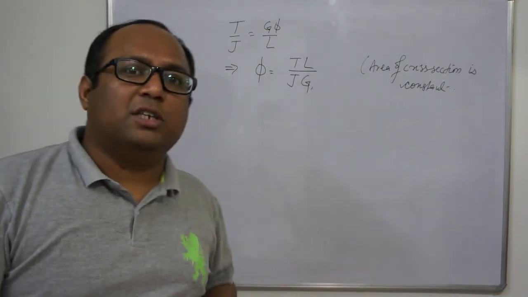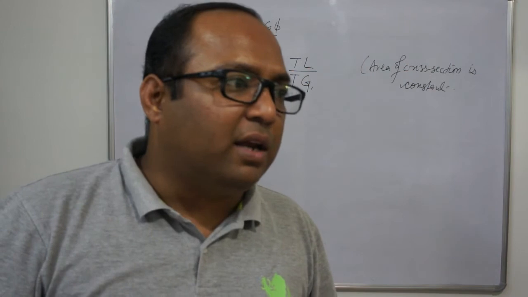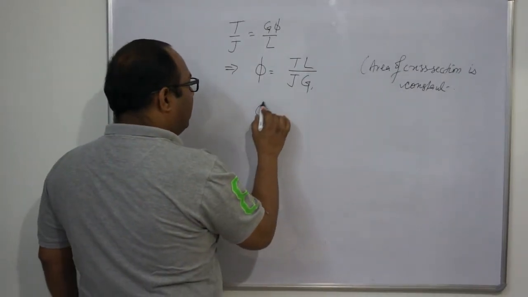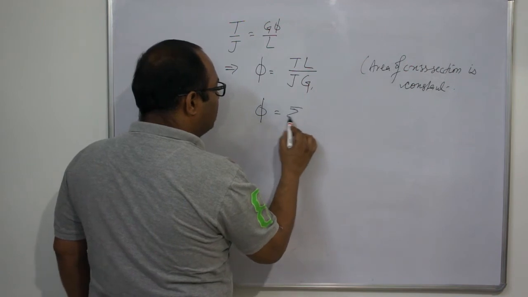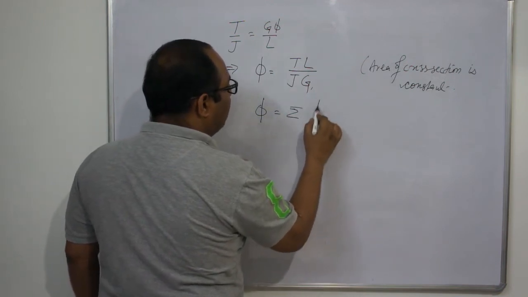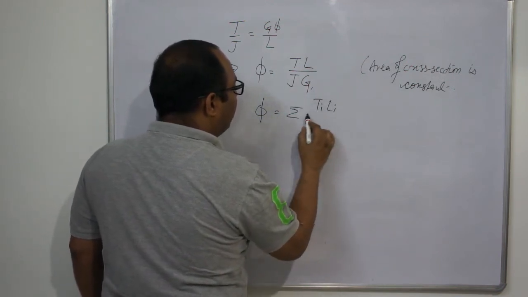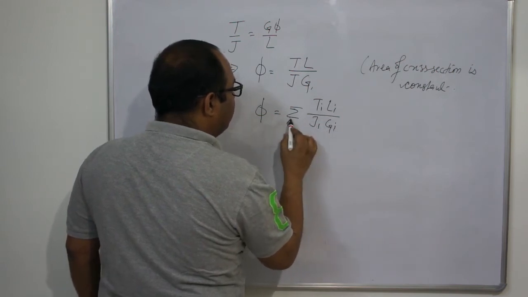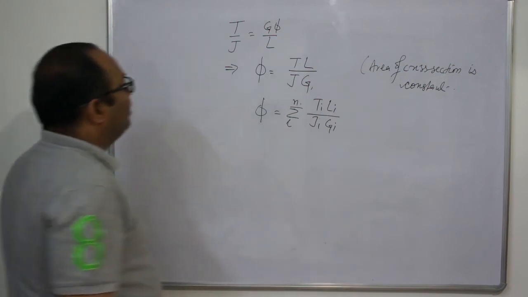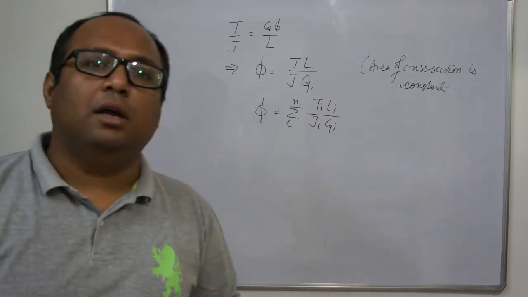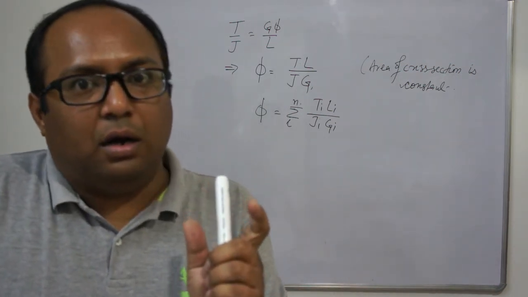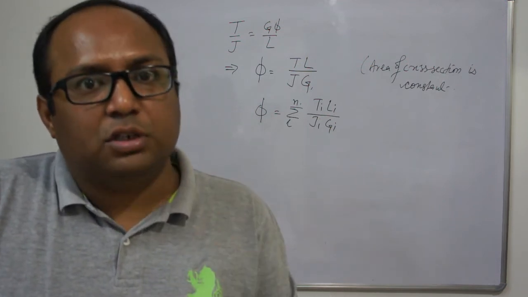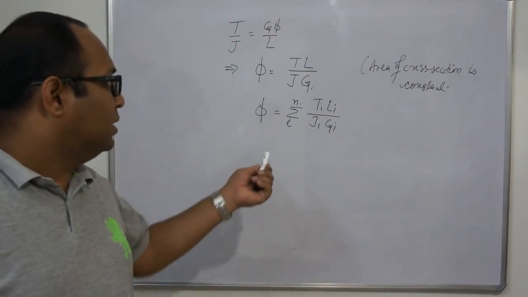If the area of cross section varies, or if the torque varies, in that situation the angle of twist is found by using the formula Ti Li by Ji Gi, where all these things are dependent upon the portion on which this torque is applied, the length of the shaft for which the torque and these are known.